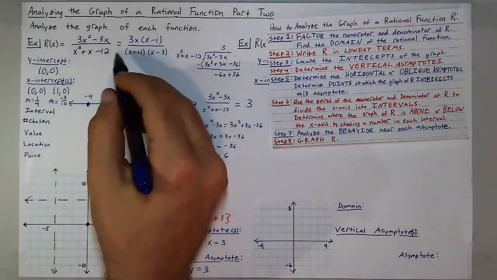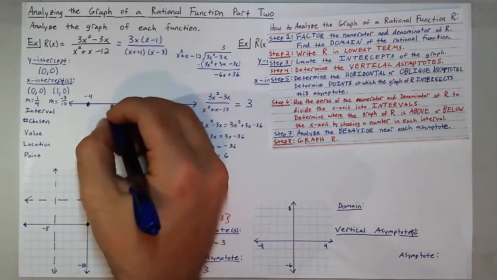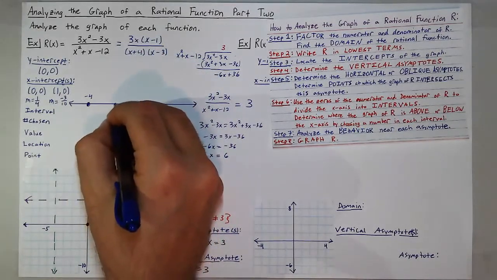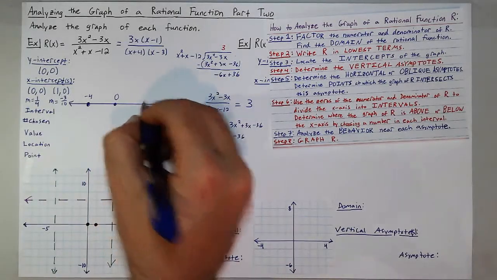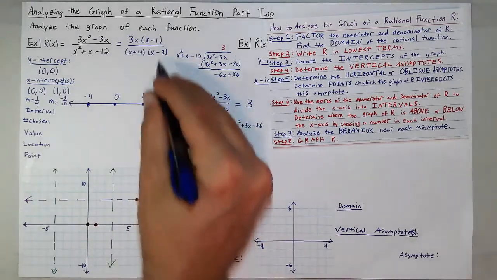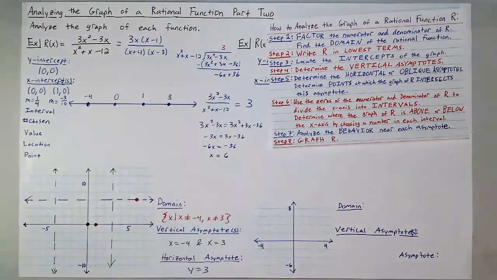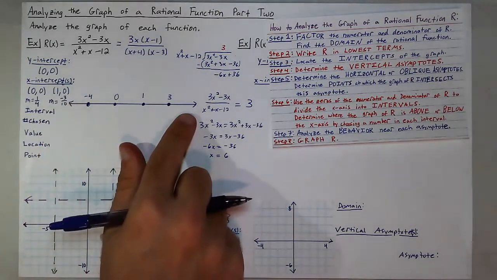The next one we get would be 0. The next ones we get would be 1 from x minus 1, and then 3 from x minus 3. And now we broke up our interval into 1, 2, 3, 4, 5 different intervals.